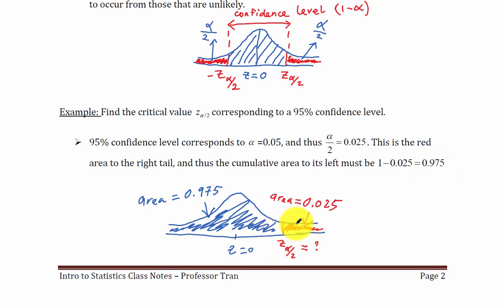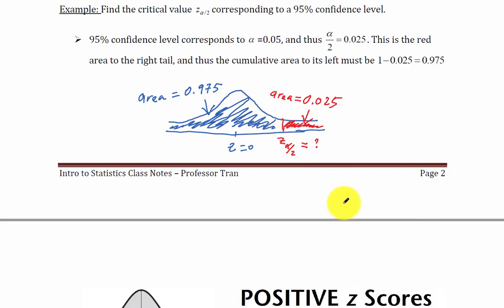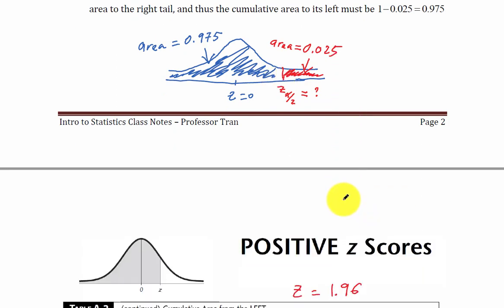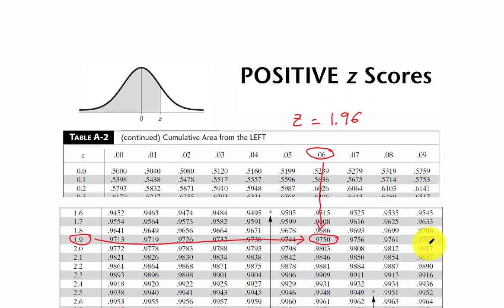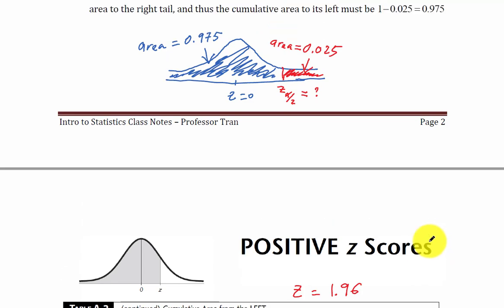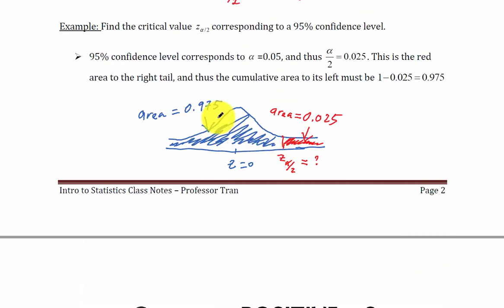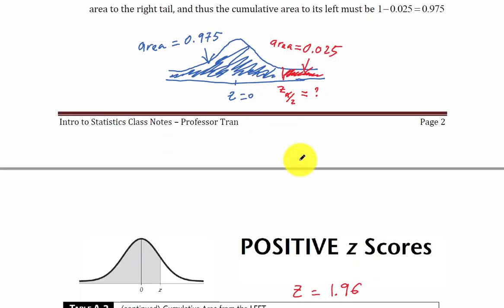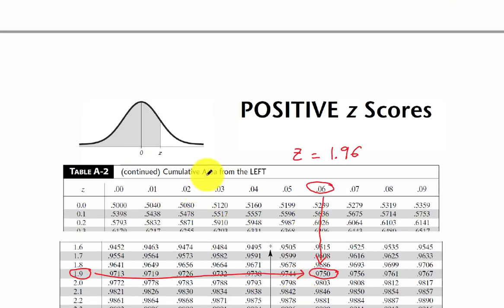And we are given the area. How do we figure out the z-score of that, which is z alpha over 2 right at this point? Now, we can go back to the positive z-scores and try to look for that. We know the area to the left is 0.975, because the value in the table is the cumulative area from the left of the point z.